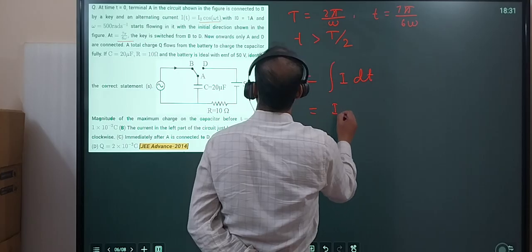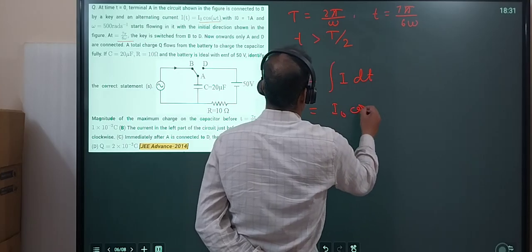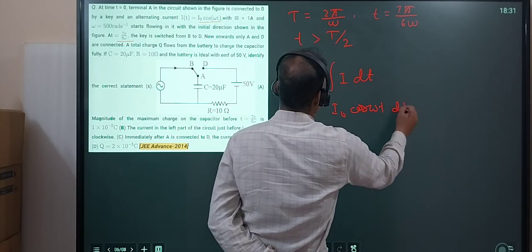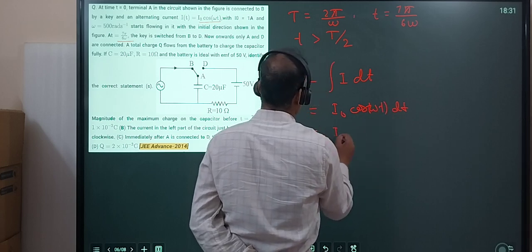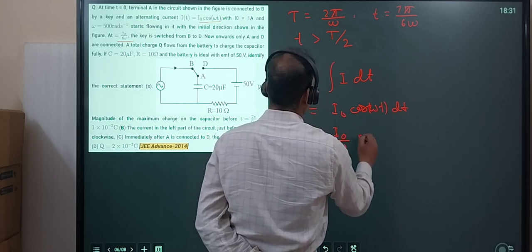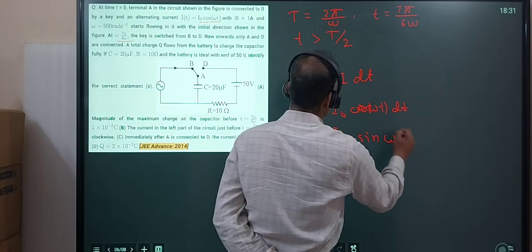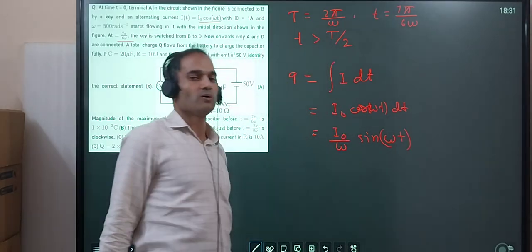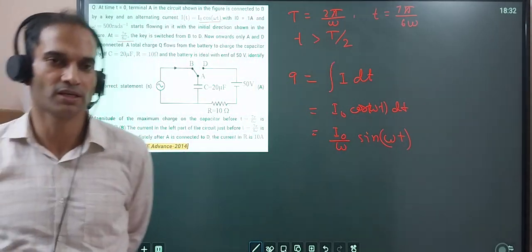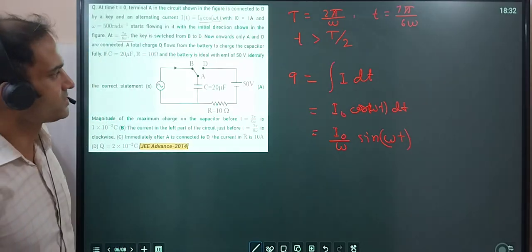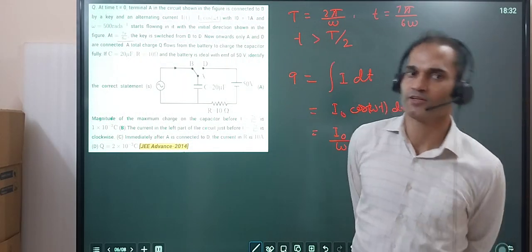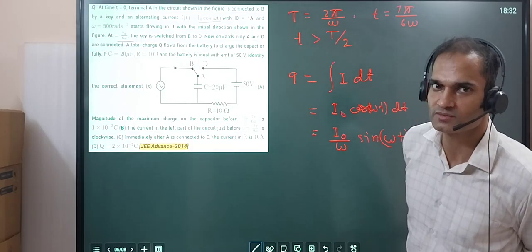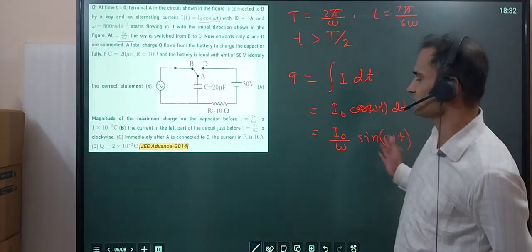Okay, I naught cos omega t dt. So you are getting I naught by omega sin omega t, and there will be no constant of integration. Okay, we have discussed this thing with purely AC circuit, with purely AC source. There will be no constant of integration.